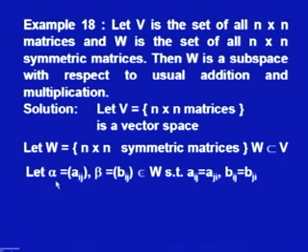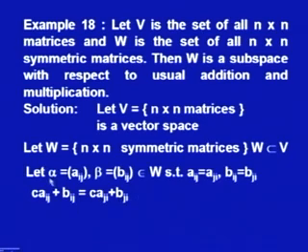Now, let us consider two members in W, alpha as A = (aij), a square matrix, and beta as B = (bij), another square matrix, such that aij is equal to aji. Why? Because these two matrices belong to W and they are symmetric matrices. So, aij must be equal to aji. Similarly, bij is equal to bji.